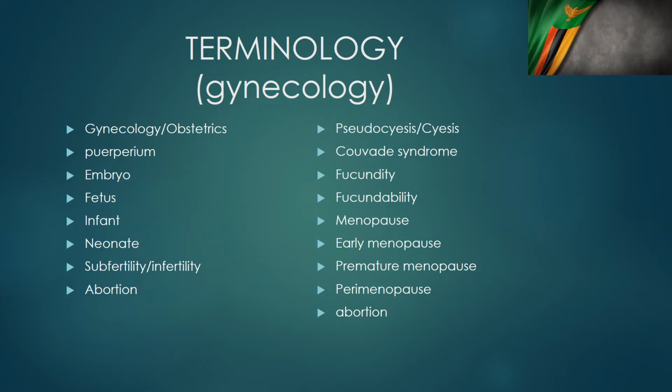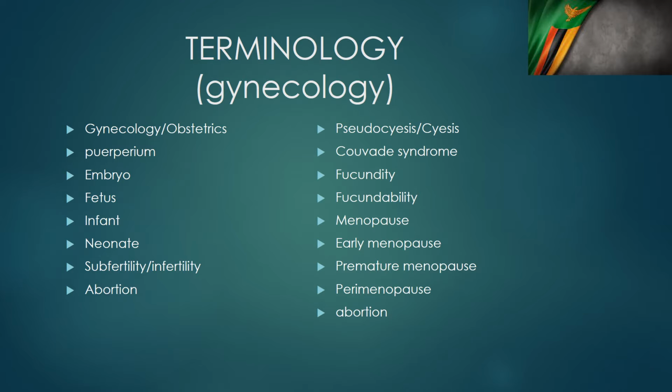Subfertility is more the preferred term at the moment. The reason is because infertility sounds very terminal. It sounds like someone will never conceive. But we know that fertility is really a spectrum. Some people are more likely to easily conceive than others.